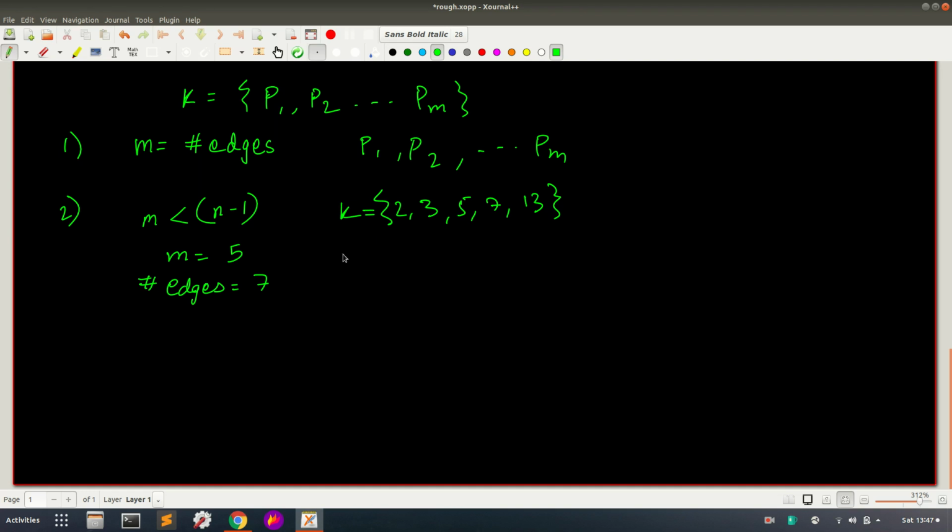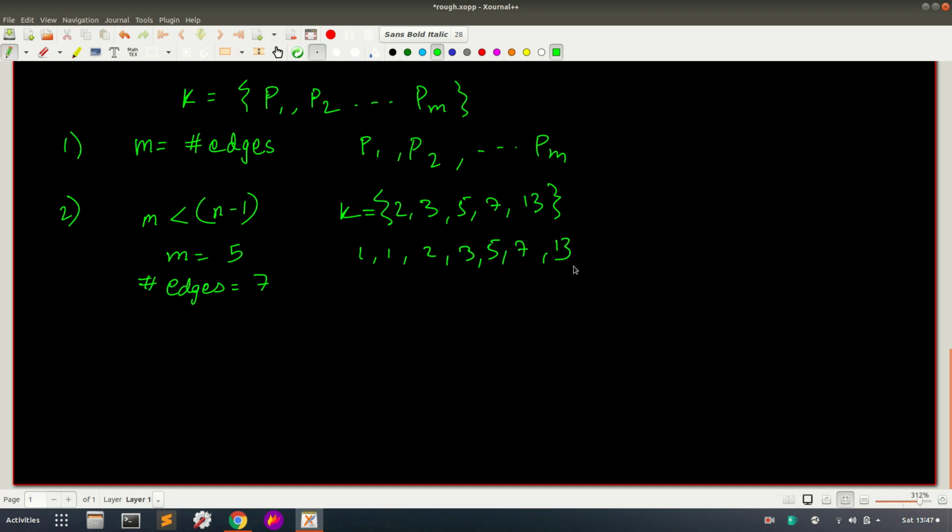In this case, since we have only 5 prime numbers and 7 edges to allocate the numbers to, we are at a lack of factors of k that we can allocate. So what we are going to use is 1. Here the difference is 2, so we are going to use 2 ones to satisfy the problem.